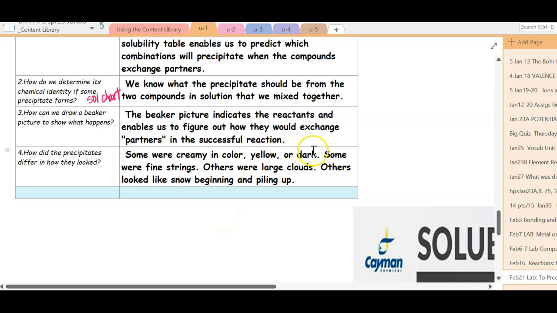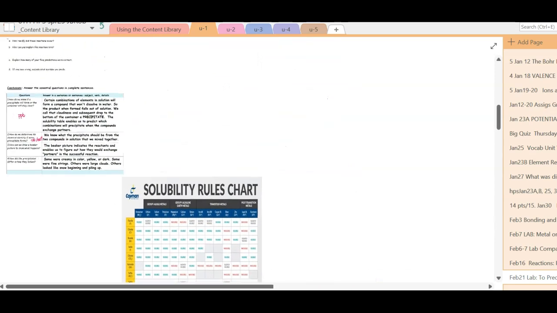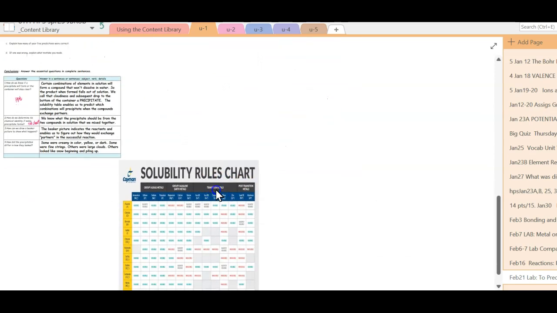So some of you may have gotten more yellow or creamy, others may have gotten more dark ones, depending on which solutions you poured together and which compounds were precipitating out. So that's everything we had covered.